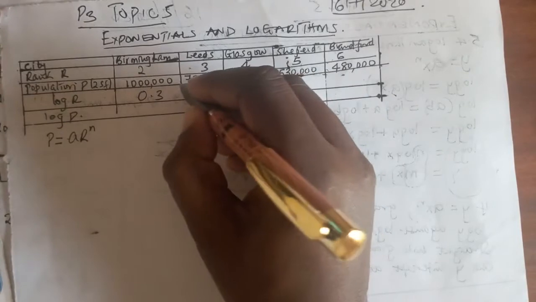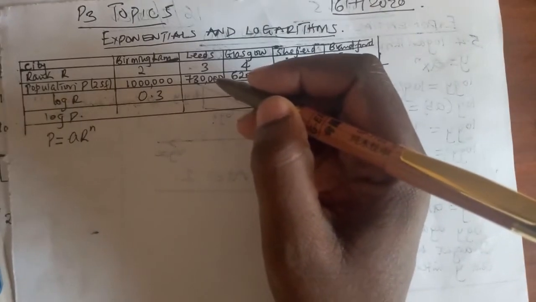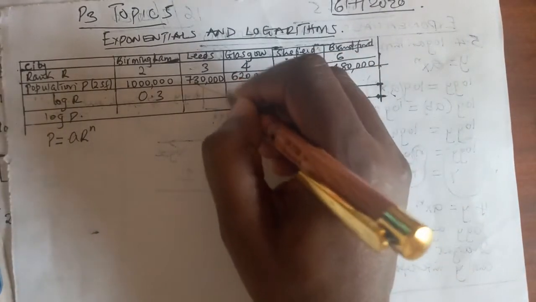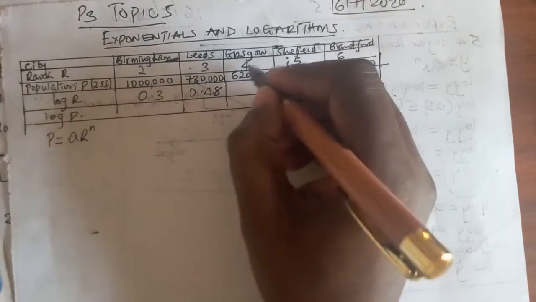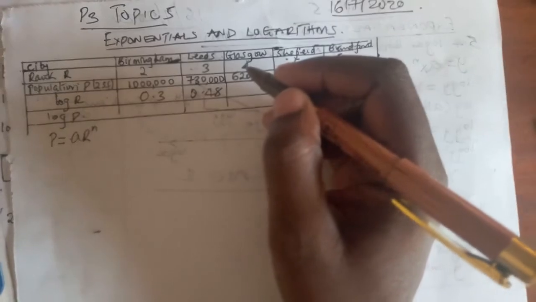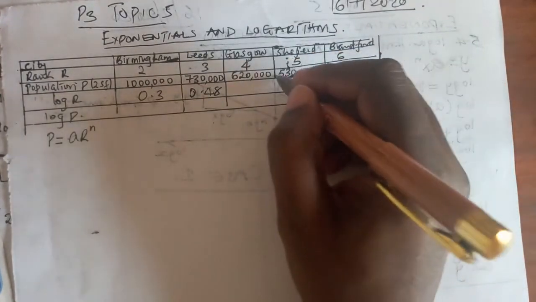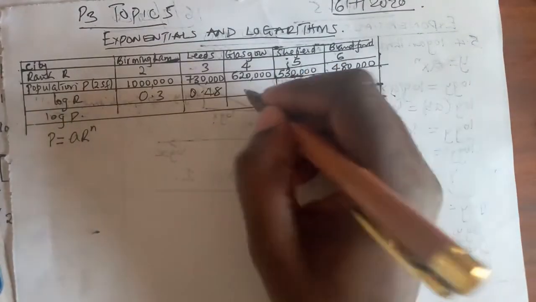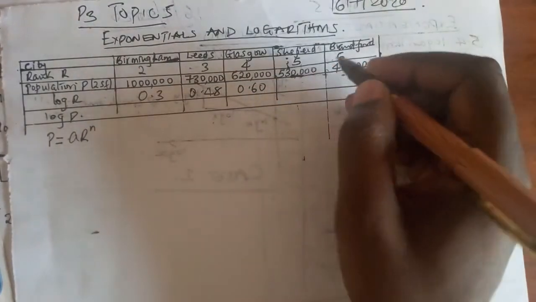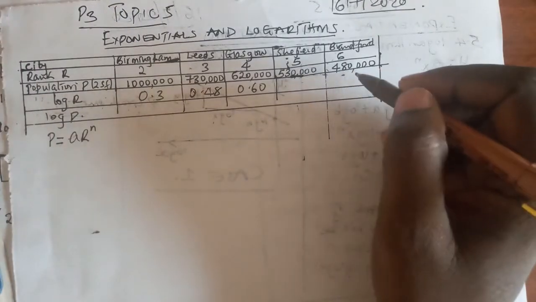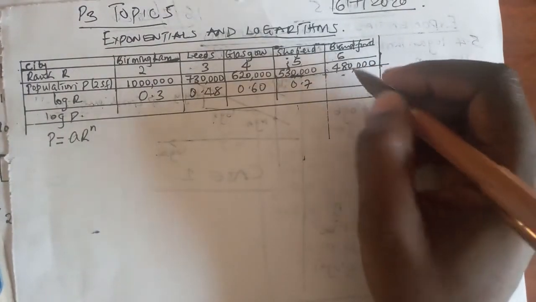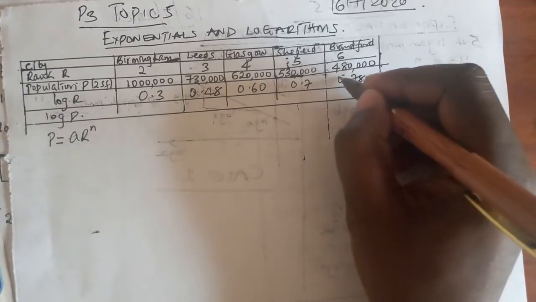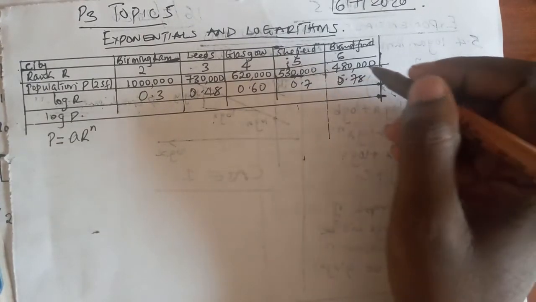The logarithm of 3 is 0.48 to two decimal places. You can verify that using the calculator. The logarithm of 4 is 0.6021, which to two decimal places is 0.60. The log of 5 is 0.7, and the log of 6 is 0.78, again to two decimal places.